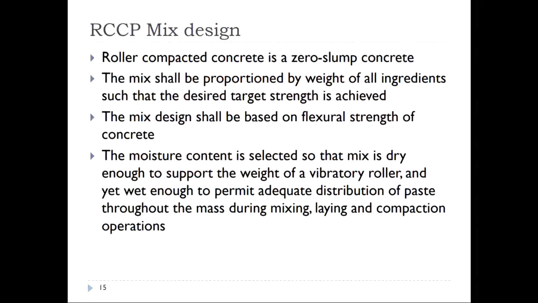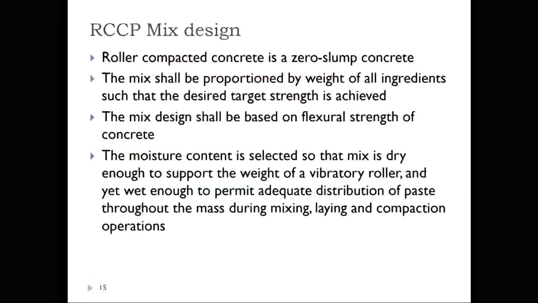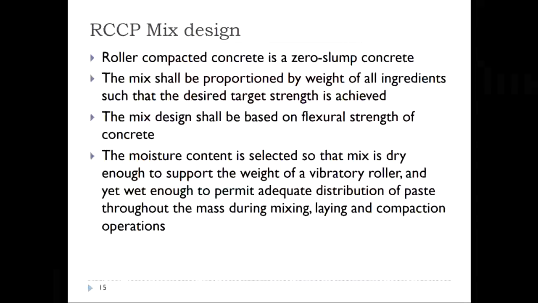Now let us try to understand how we do a mix design for this. The basic mix design in the case of roller compacted concrete mixes is similar to what we do for our soil aggregate mixes. For a selected cement content, you can choose a trial cement content between the range of say 8 to 12%.